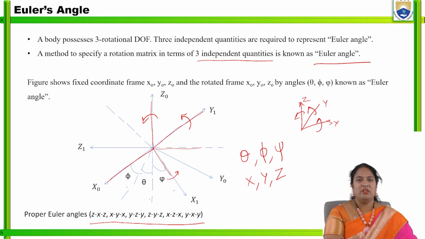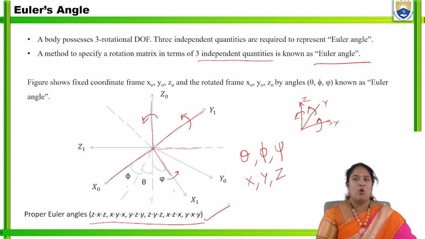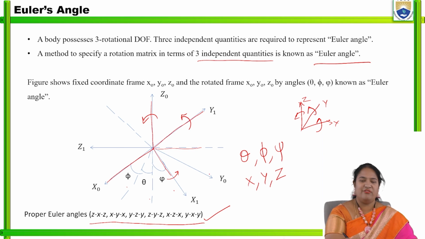Depending upon the proper Euler's angle determination, we will be using these particular types of coordinate systems. Clear? Do you understand? Now, in this particular figure here, the fixed coordinates are x0, y0 and z0.